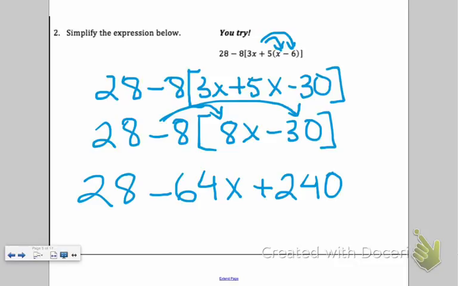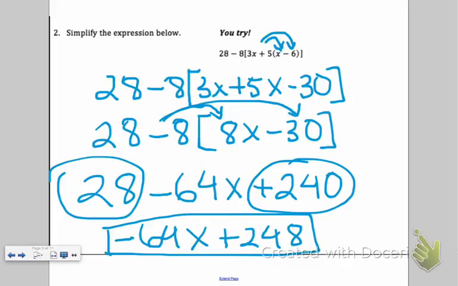And the way that we're going to eliminate these brackets now is by distributing the term that we have on the outside, which is a -8. So -8 times positive 8x is -64x, and -8 times -30 is positive 240.